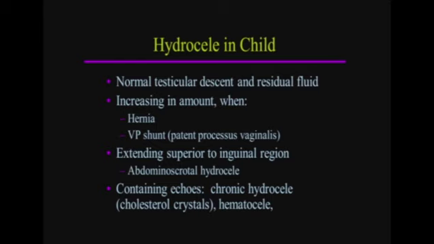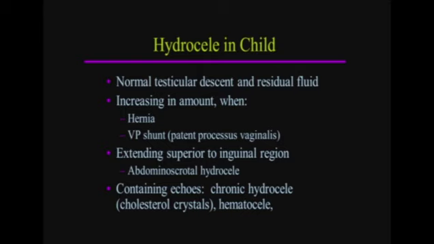Hydrocele in a child: normally with testicular descent, there is some fluid that comes down into the patent processus vaginalis, and some of it may remain. When the processus vaginalis closes off, if it doesn't close off, as seen in some neonates, particularly prematures, then one has to worry, if the contents of the scrotum increase in amount, that one has a hernia.